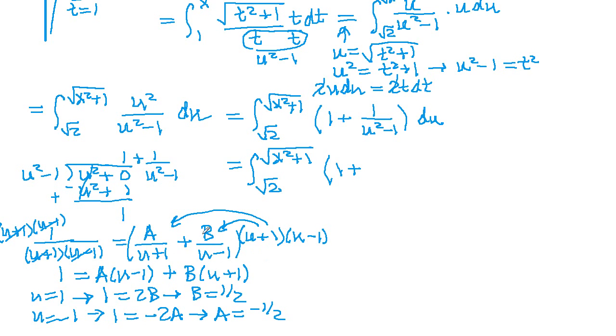Let's put the b term first. So b over u minus 1, so 1/2 over u minus 1, and then plus a over u plus 1, and our a is -1/2, so -1/2 over u plus 1 du. And now this is easy to integrate. We're almost there.